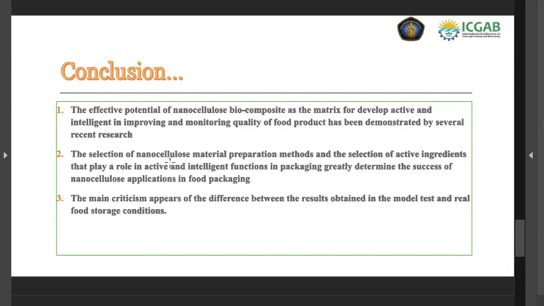The selection of nanocellulose preparation method and the selection of active ingredients that play a role in active and intelligent function in packaging greatly determine the success of nanocellulose application in food packaging. The main criticism appears to be the difference between the results obtained in the model test and real food storage condition.